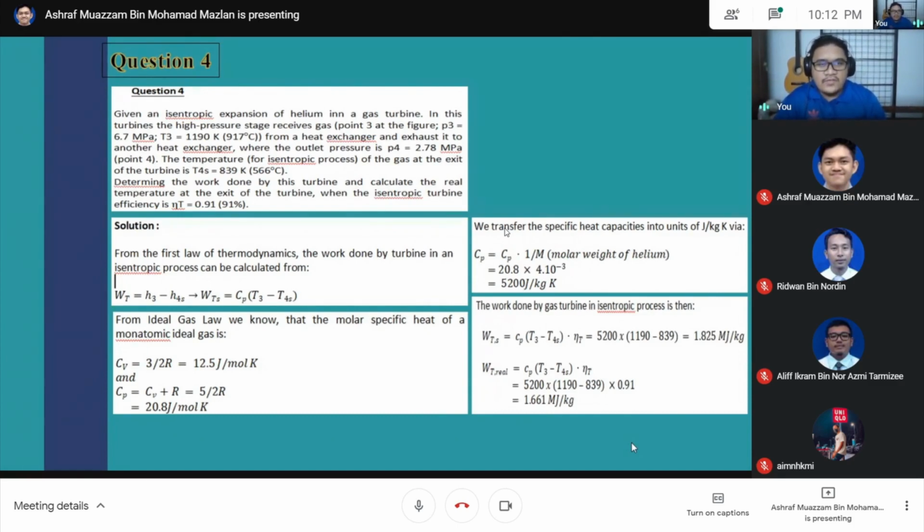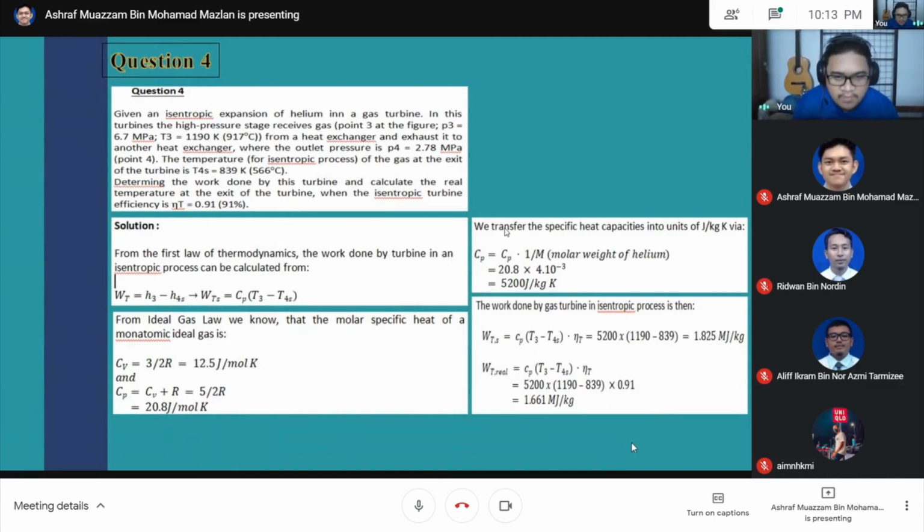Now we convert the specific heat capacities into units of joules per kilogram K via Cp divided by the molar weight of helium. Thus we get a value of 5,200 joules per kilogram K. Now the work done by the gas turbine in the isentropic process is given by Wts equals Cp times T3 minus T4s, which equals 5,200 times 1190 minus 839, which gives 1.825 MJ per kilogram.